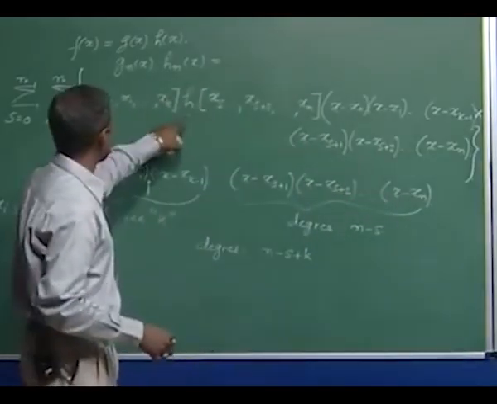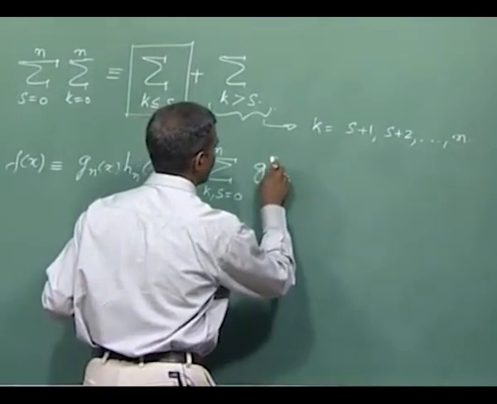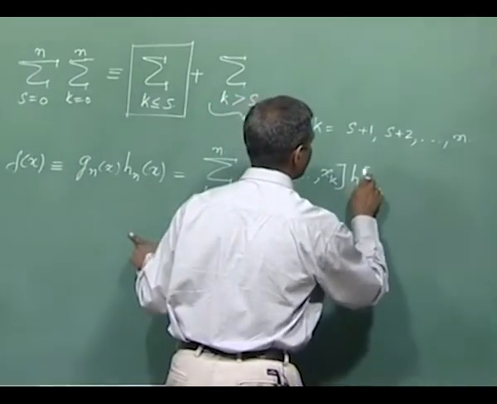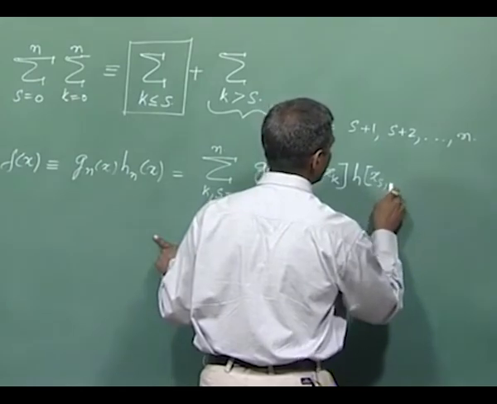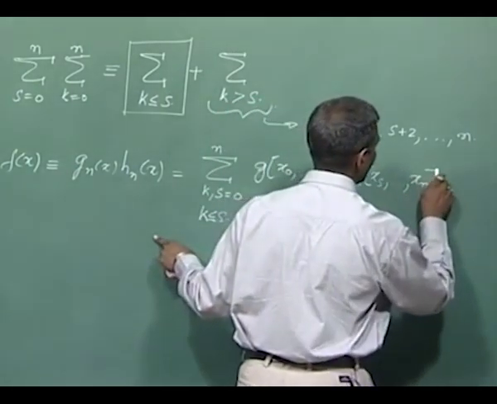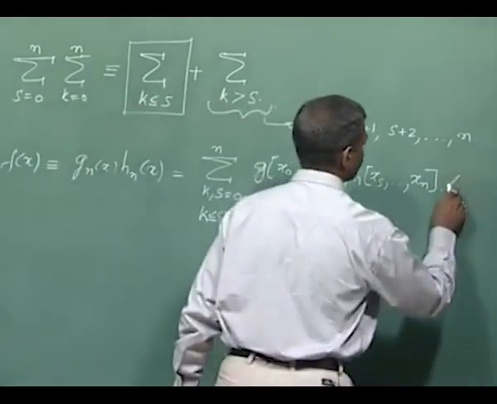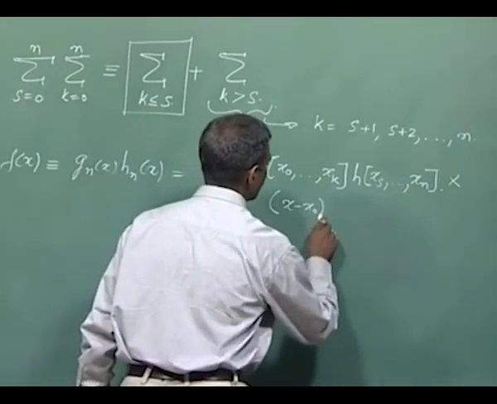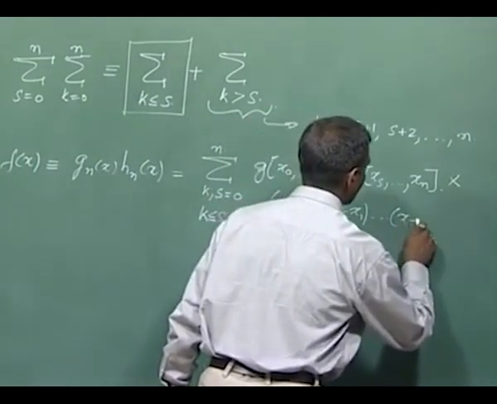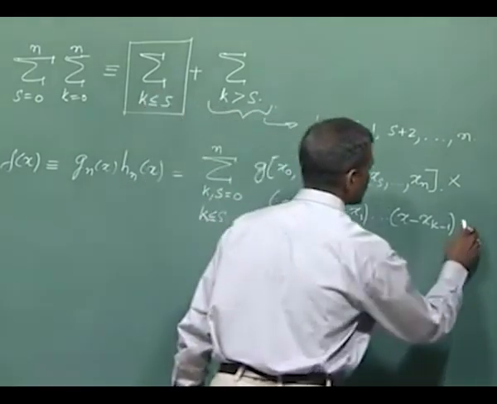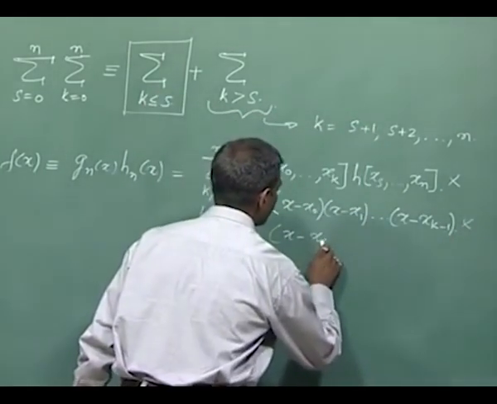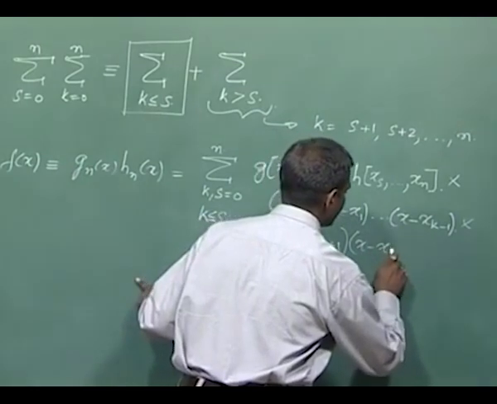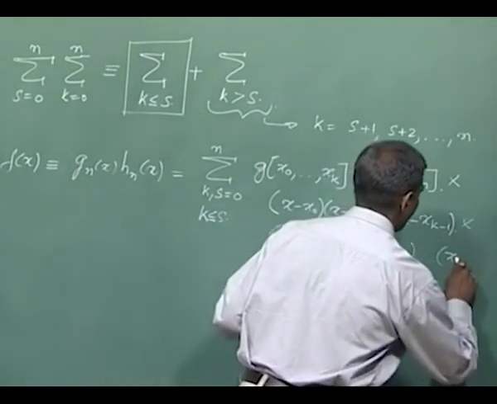And then we have terms involving the divided differences, g[x0 to xk], h[xs to xn], times the terms involving x's, x minus x0, x minus x1 up to x minus xk minus 1, times x minus xs plus 1, x minus xs plus 2 up till x minus xn.